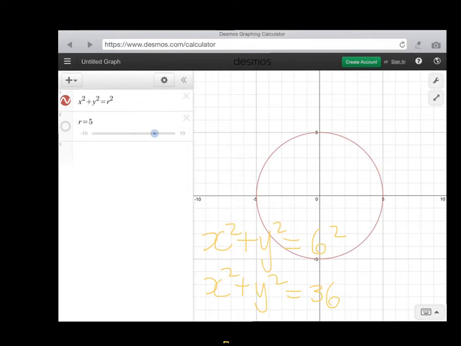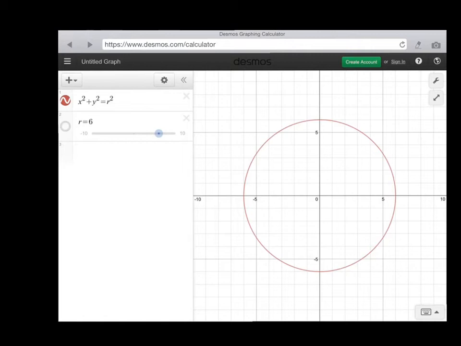And that's it. There's the equation of your circle. Now, the very important thing to know is that this equation, x squared plus y squared is equal to r squared, is super important because it's for when the center of the circle is at the origin. When it's at the origin, that is the key.